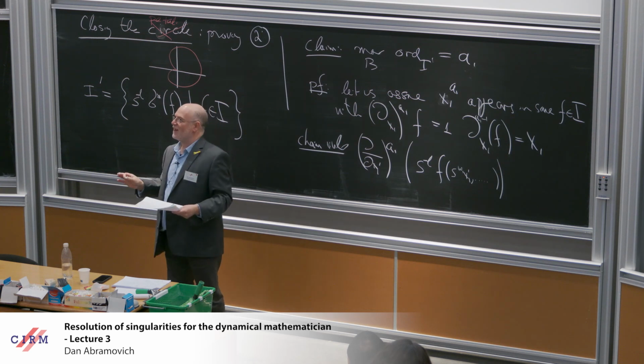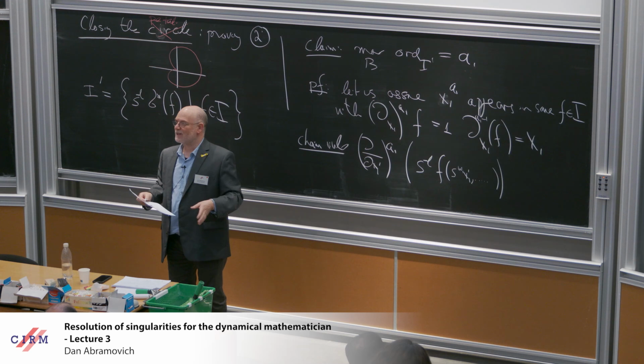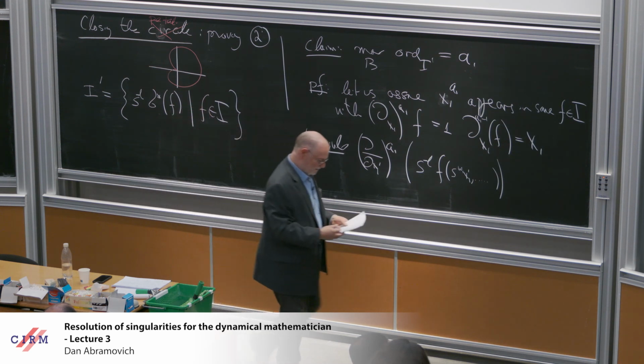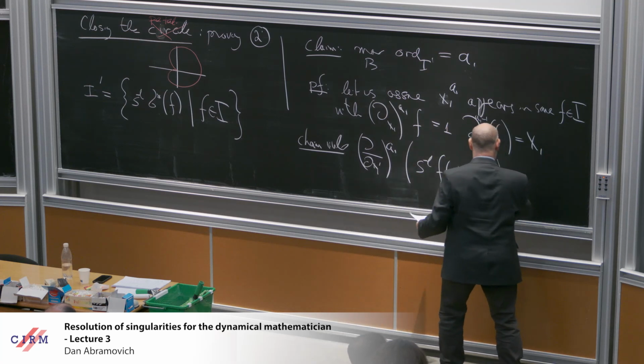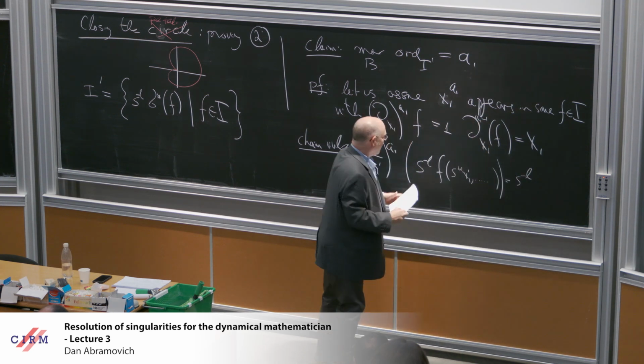Okay, we use calculus. I know that we are algebraists, but we also are geometers. We have to use calculus. So the s does not appear here, so s to the minus l. Now I'll use the chain rule.